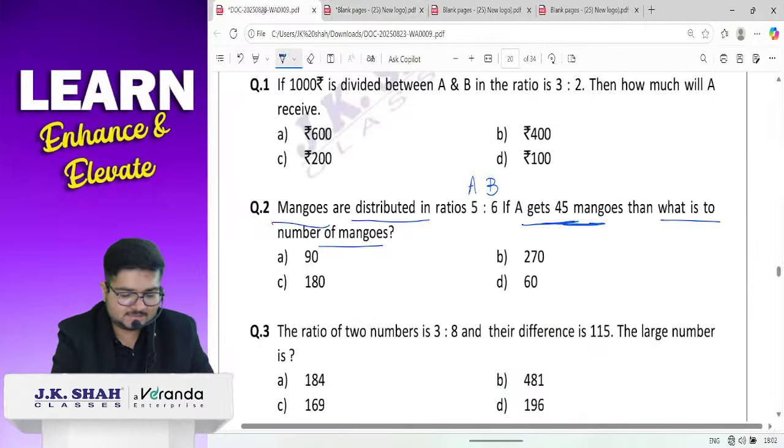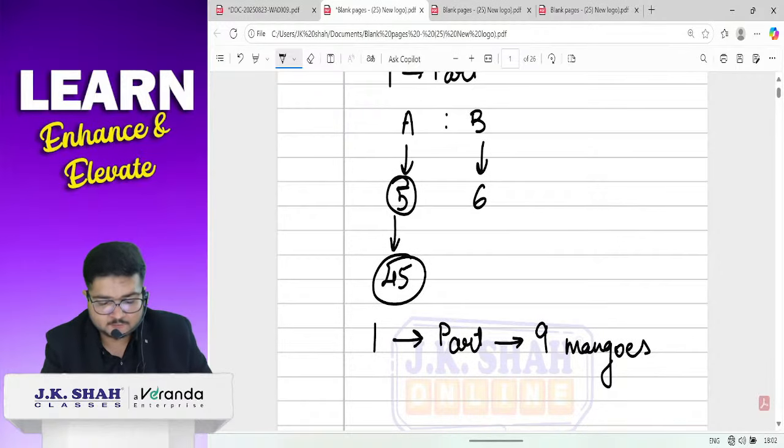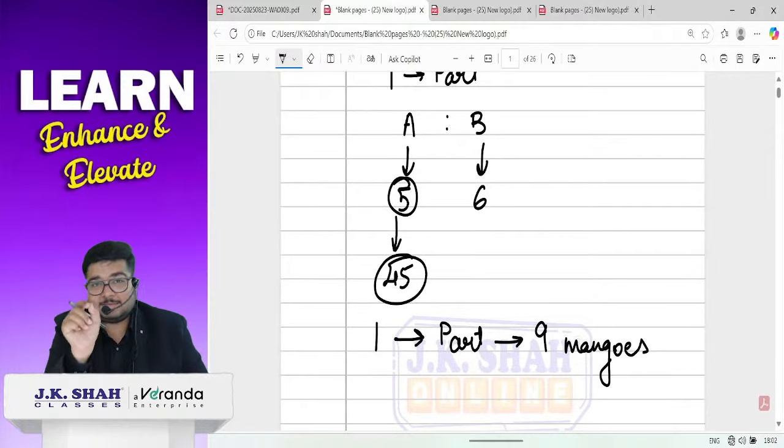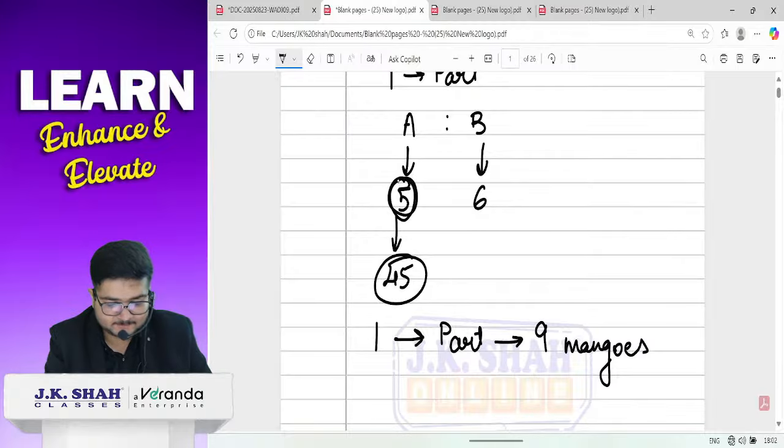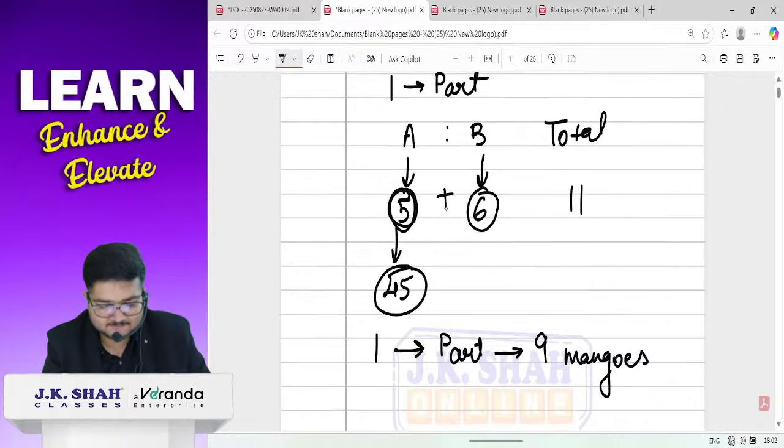Now they have asked you the total number of mangoes. For that, you have to find the total parts. A will get 5 parts, B will get 6 parts, then total parts are 11. How did you get 11? 5 plus 6 is 11.